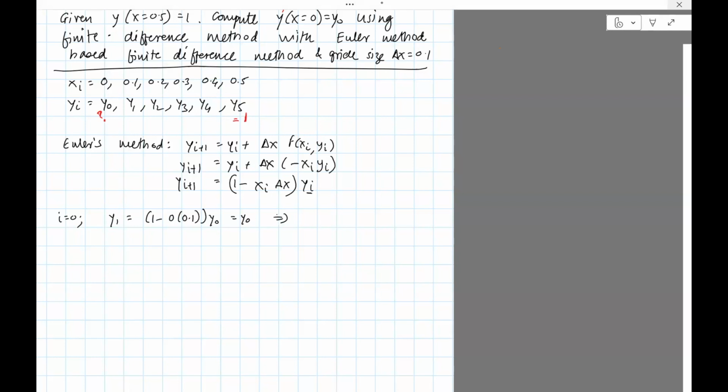So the first equation I have is y1 minus y0 equals 0. If we put i equals 1, we have y2 equals 1 minus 0.1 times 0.1 times y1. This comes out to be 1 minus 0.01, so 0.99 y1. So my next equation is y2 minus 0.99 y1 equals 0.